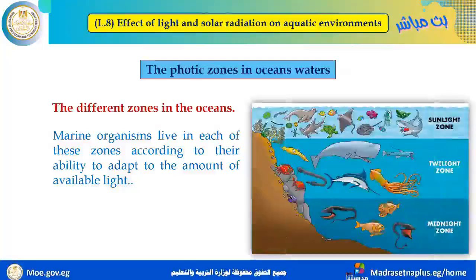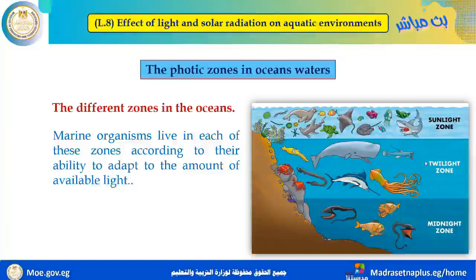I want all of you to concentrate and look carefully at this picture, which represents the three different zones, starting with the sunlight zone, where it has a high amount or a lot of light. It's a bright area where we can find different creatures like aquatic plants and algae and different fish.